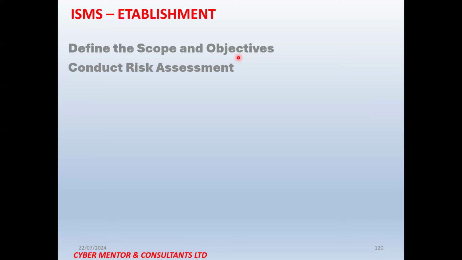Because in running your normal business, you use tools and technologies, for example an accounting system, a human resources system, no matter the software or hardware. So you need to know first of all what assets you have, what tools and technology you are using to run your organization.